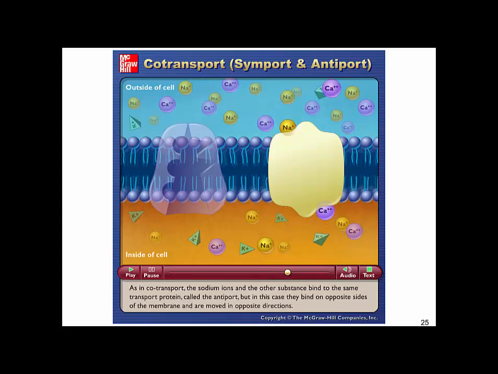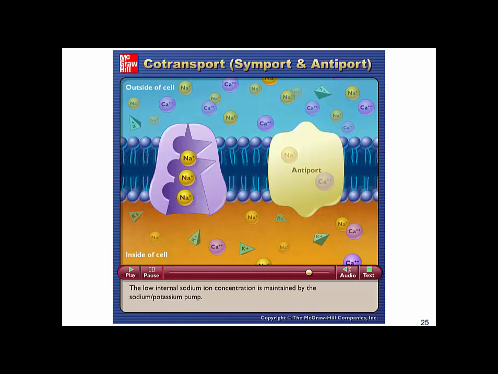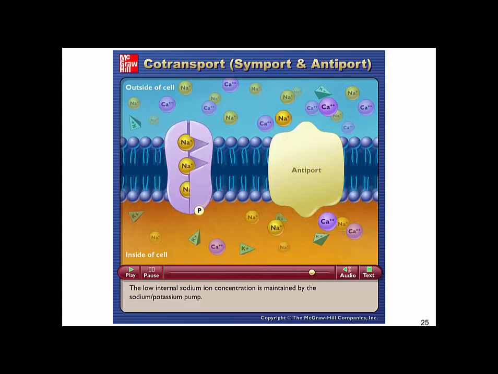As in cotransport, the sodium ions and the other substance bind to the same transport protein called the antiport, but in this case they bind on opposite sides of the membrane and are moved in opposite directions. The low internal sodium ion concentration is maintained by the sodium-potassium pump.